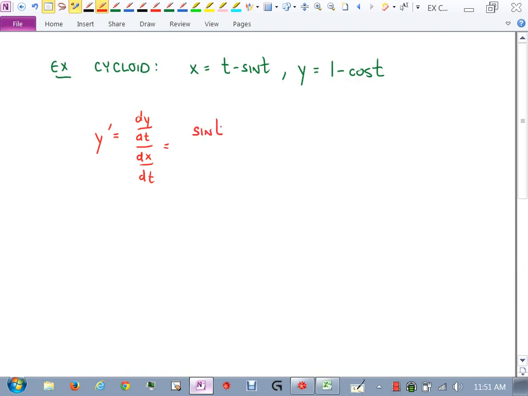Sine t over the derivative of x with respect to t, 1 minus cosine t. Now, my questions are, when is the tangent line horizontal? And when is it vertical?